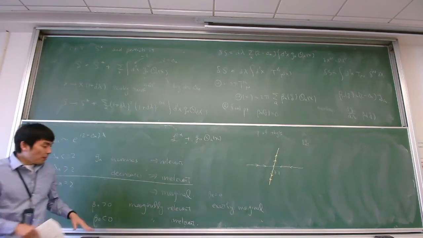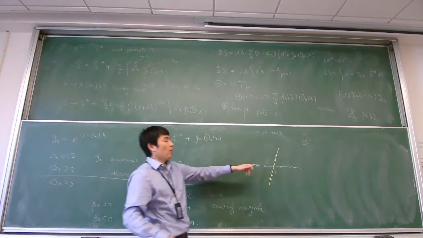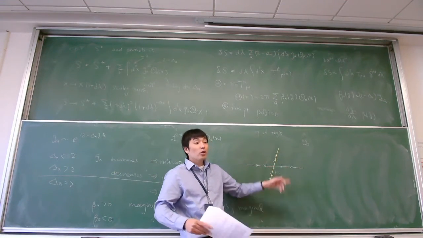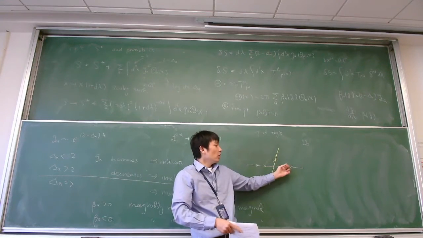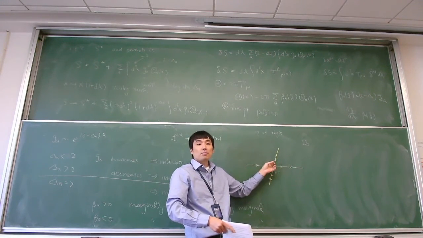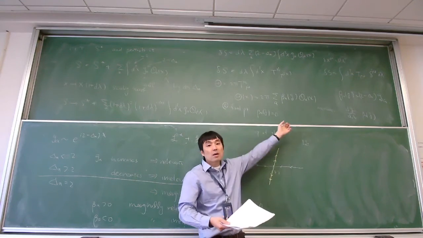That's also true for marginally irrelevant: if you deform by a marginally irrelevant operator, due to quantum corrections, classically you cannot measure it, it moves back to the CFT. But if you perturb by a marginally relevant deformation, you go somewhere else.